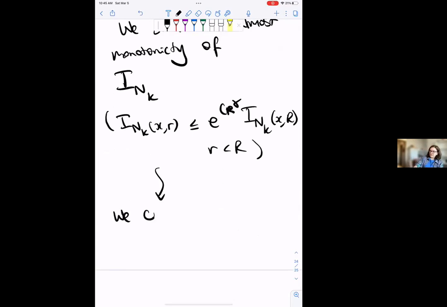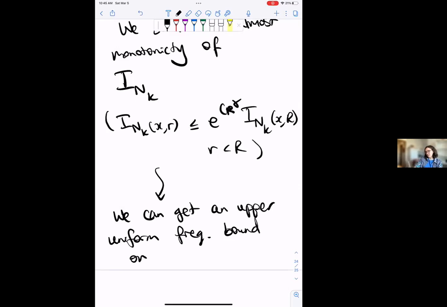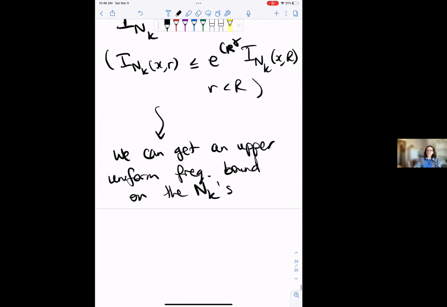So we can get an upper uniform frequency bound on the N_K, which tells us that U cannot be trivial.